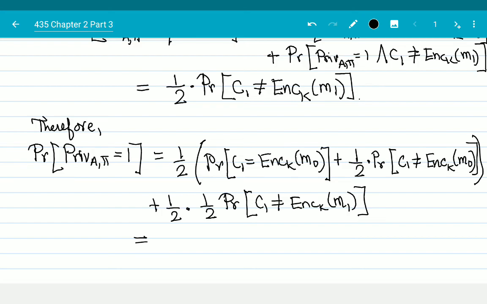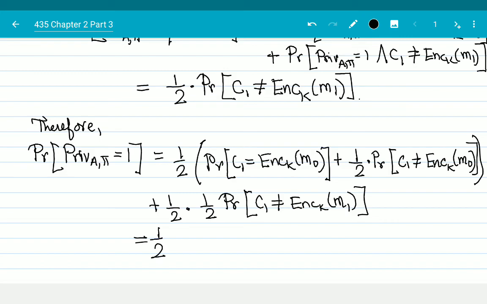Now, the probability that the encryption was not equal to C1 is what? It is 1 minus the probability that the encryption was C1, right? There are two possibilities. Either it is C1 or it is not C1.